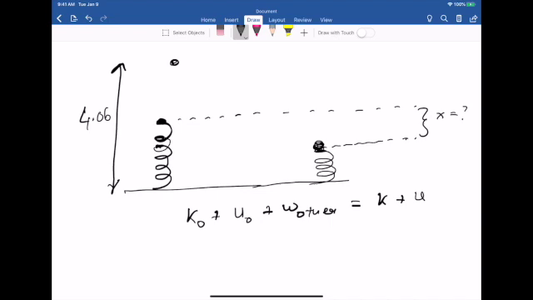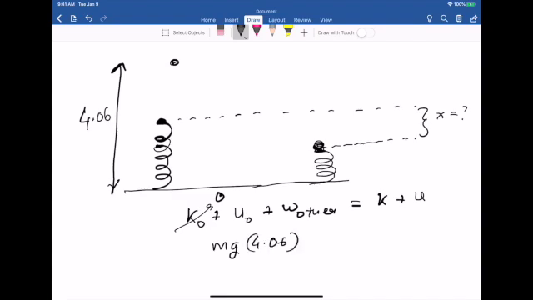So what was the initial kinetic energy of the ball at the top? The answer is 0 because the ball was at rest at the top. What was the initial potential energy of the ball at the top? It starts from a height of 4.06 meters, which is the answer to the previous part. So the potential energy of the ball is mg times 4.06.